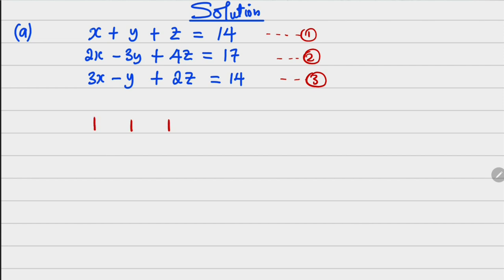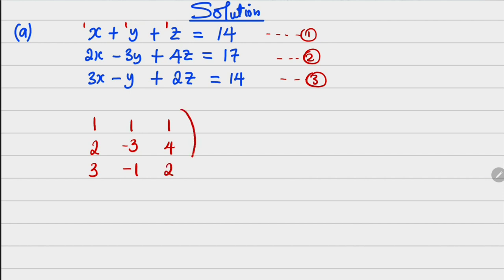If you check, the coefficient here is 1, and here is 1, and here is 1. So we're done with that. The second line, which is equation 2, the coefficients are 2, minus 3, and 4. Then the coefficients of the third line will be 3, minus 1, and 2.